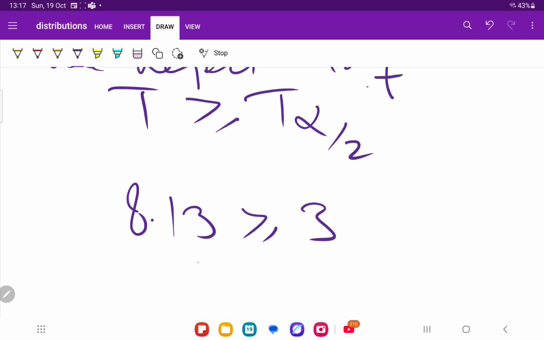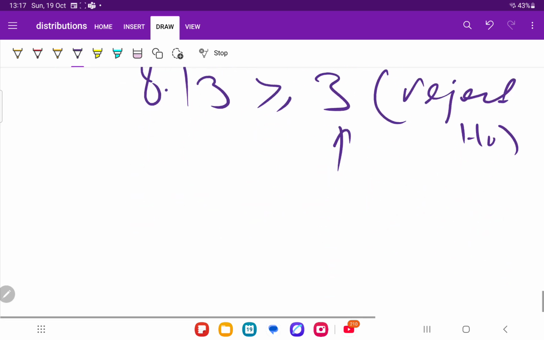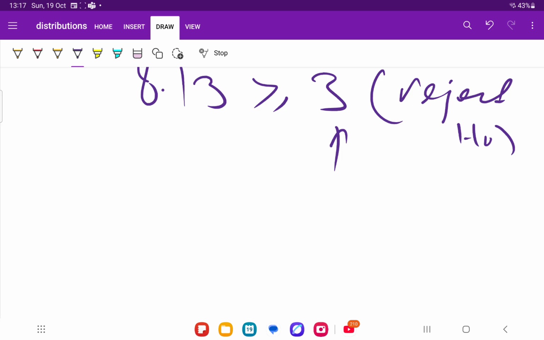So it means we still reject H naught, because 3 I have considered a maximum value for T alpha by 2. Are you getting the point? For T alpha by 2 I am considering the degree of freedom.